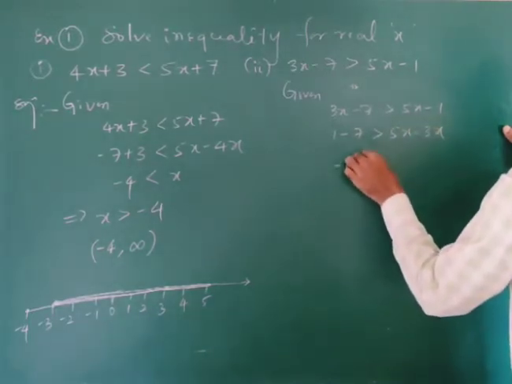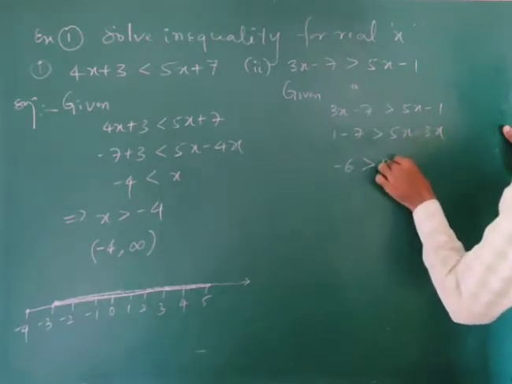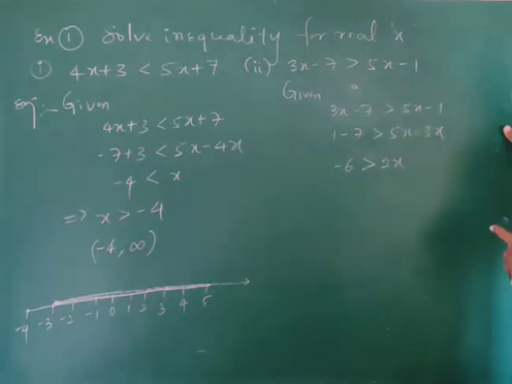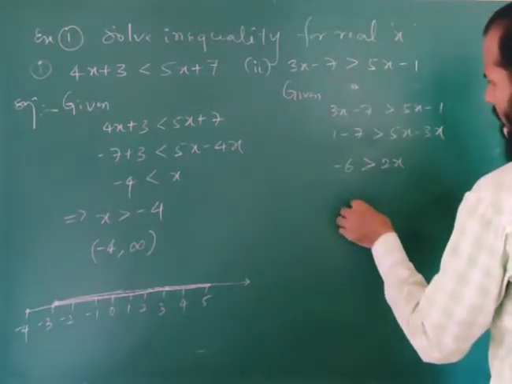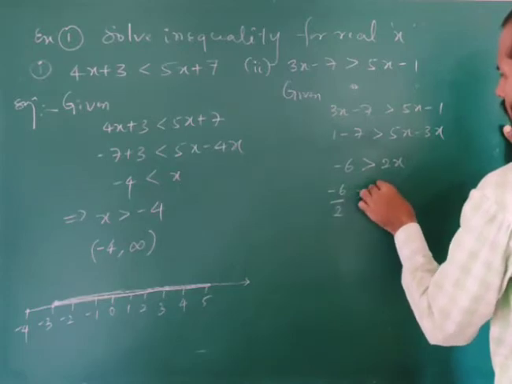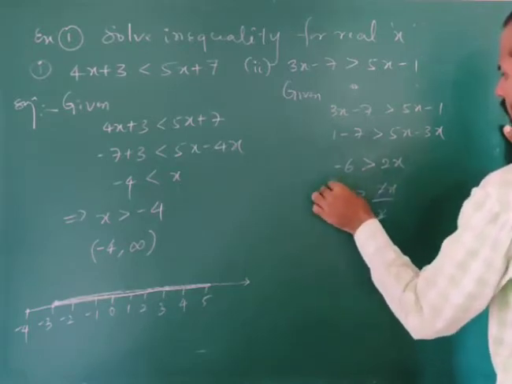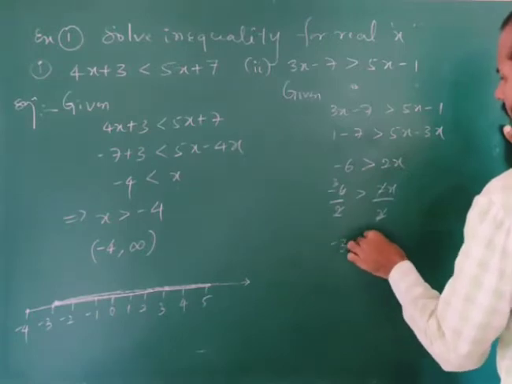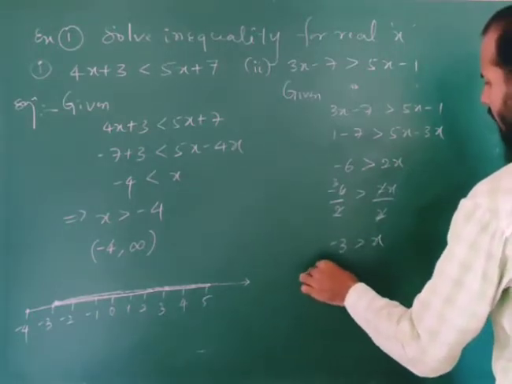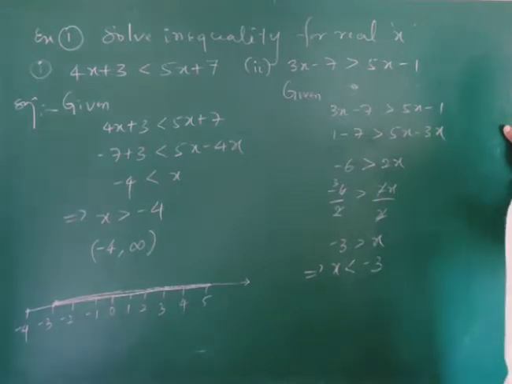Therefore, minus 6 greater than 5x minus 3x is 2x. Now here, divide both sides by 2. Minus 6 by 2, and 2x by 2. The 2 gets cancelled, 2 threes are 6, that is minus 3. Therefore, x is less than minus 3.